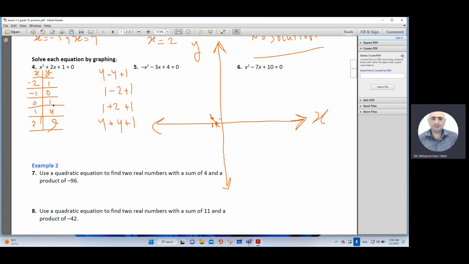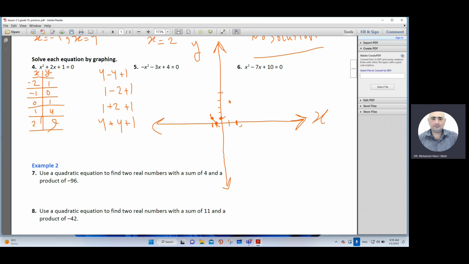Then 0 in the x, 1 in the y. So (0, 1) will be here. 1 in the x, 4 in the y. This is 1. 1, 2, 3, 4. So the point will be here. And 2 in the x and 9 in the y.